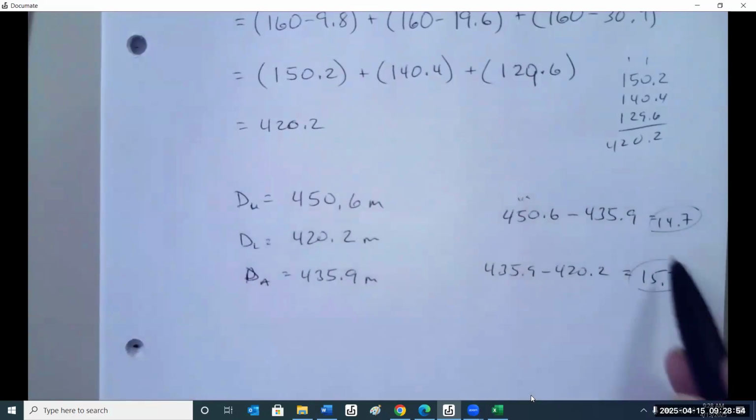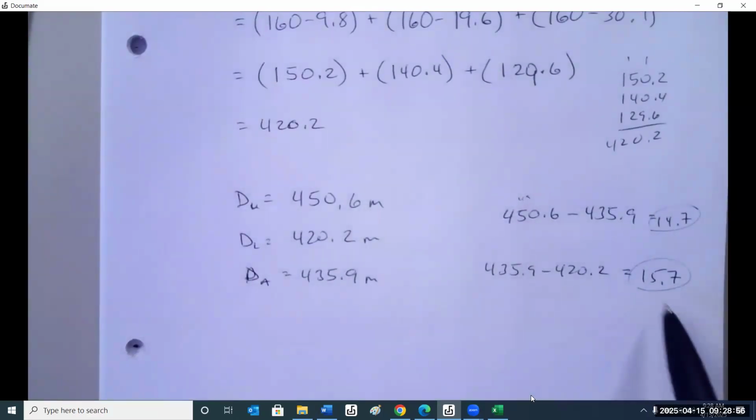So this one gets 14.7 meters. The other one gets 15.7 meters.